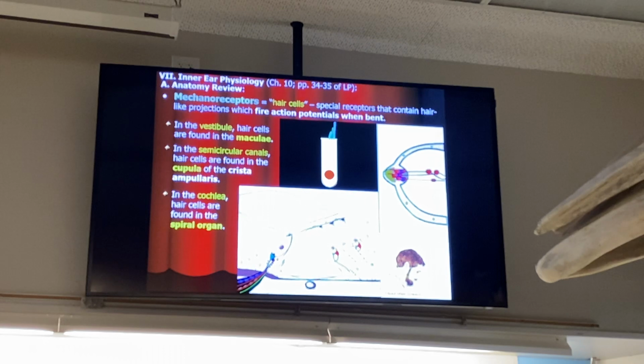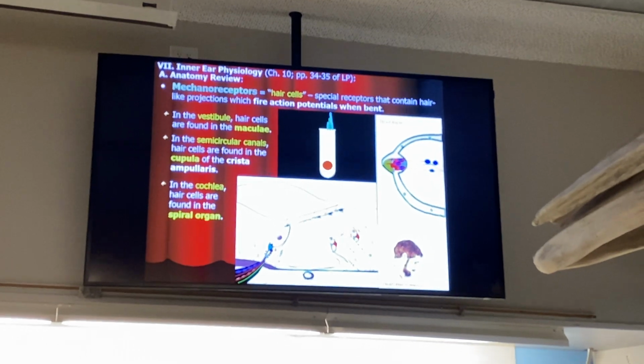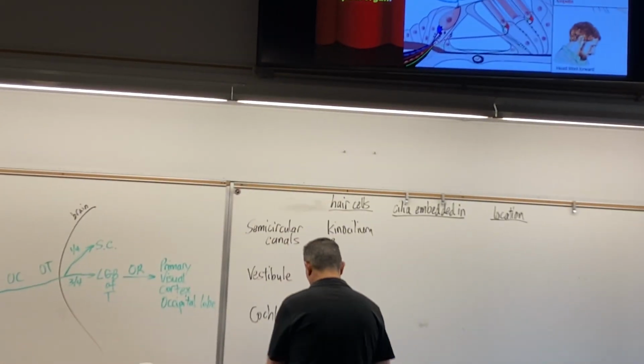All three areas of the inner ear have hair cells. Okay, they aren't hairs, they're cilia. There's two different types of cilia. There's one long one called the kinocilium, and several smaller ones called stereocilia.